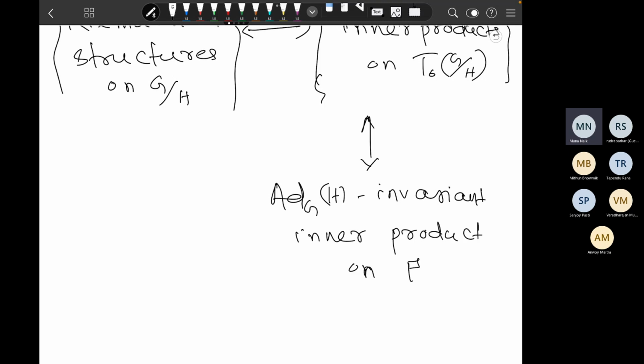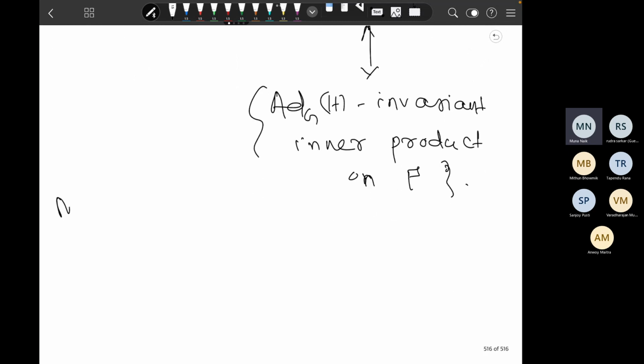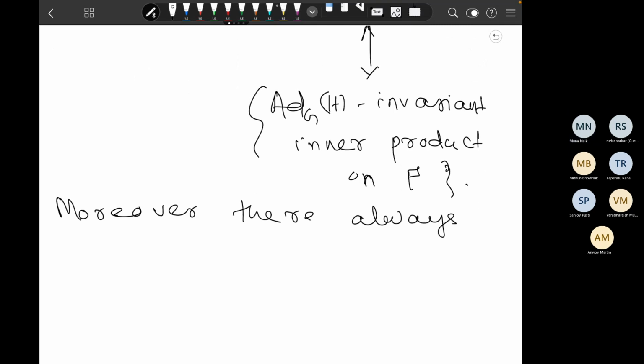And moreover there always exists an invariant Riemannian metric Q.